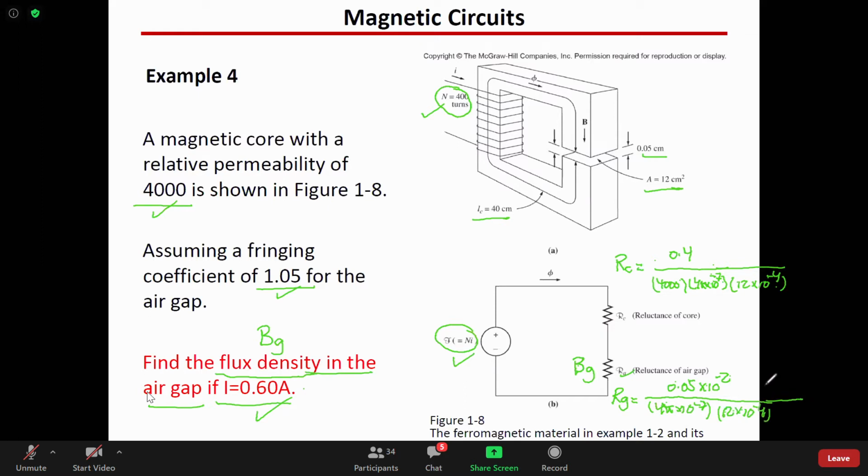Is it correct? No. We need to multiply by the coefficient of fringing.